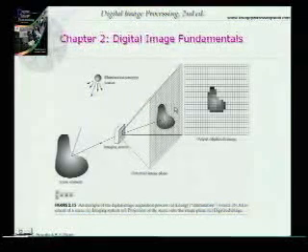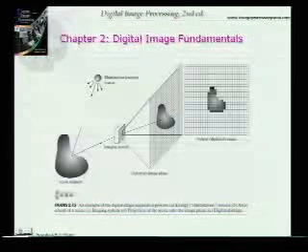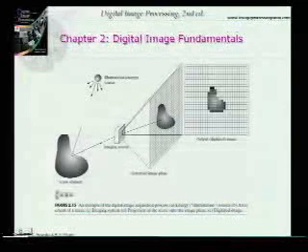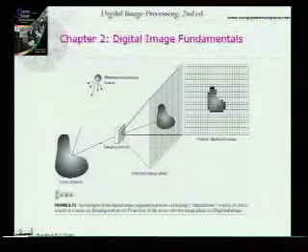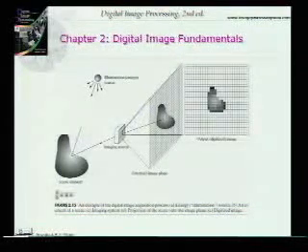So in that case, you're quantizing the amplitude of the intensity. So there's two sets of quantization, just like with the discrete time signals. You sample a signal, you have quantization in time because of the sampling, and that gives you a discrete time signal. Then you convert that discrete time signal to a digital signal by further quantizing the amplitude.